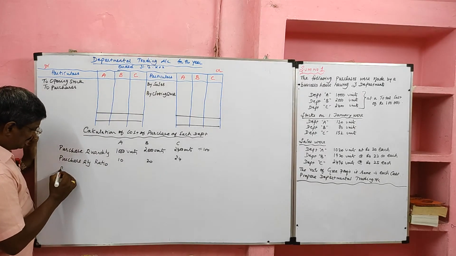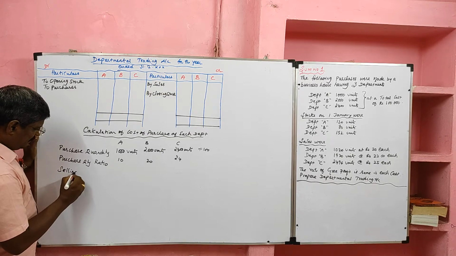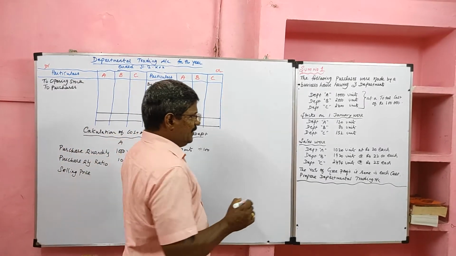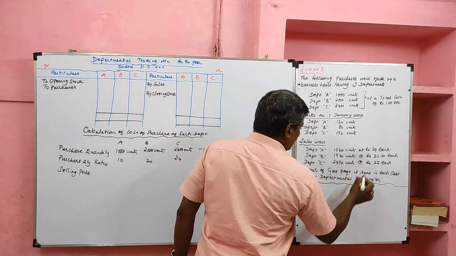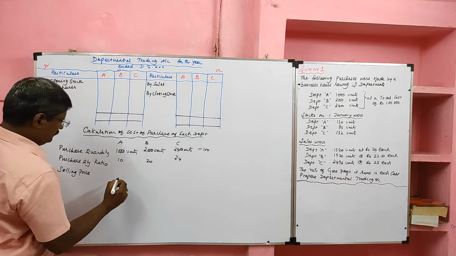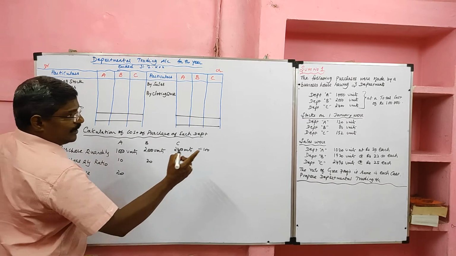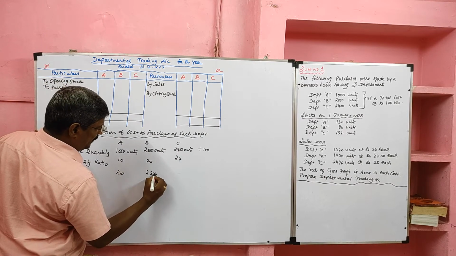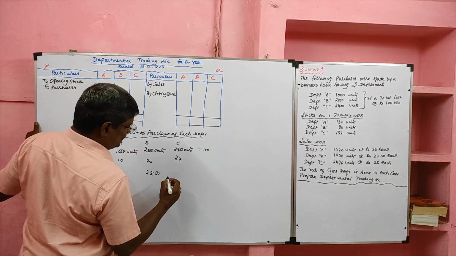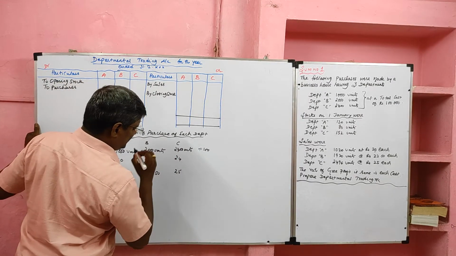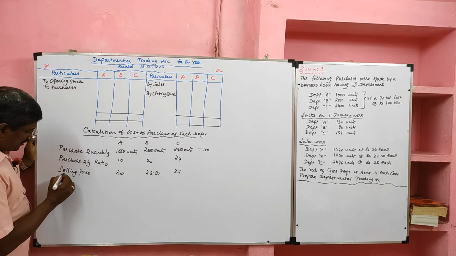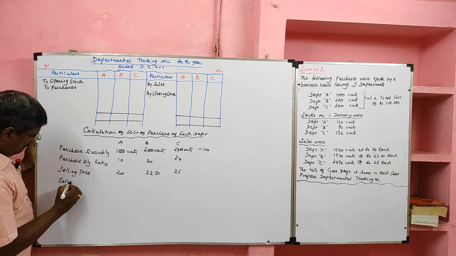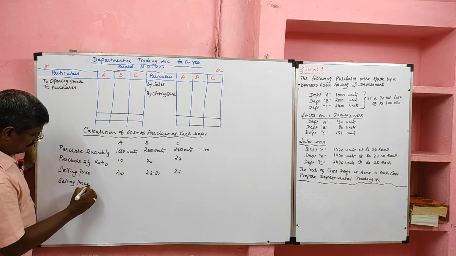Then we have to take the selling price of each department. Department A sells its product at 20 each. Department B sells at 22 rupees 50 paise each. Department C sells at 25 rupees each. Now I am going to convert the selling price into selling price ratio.